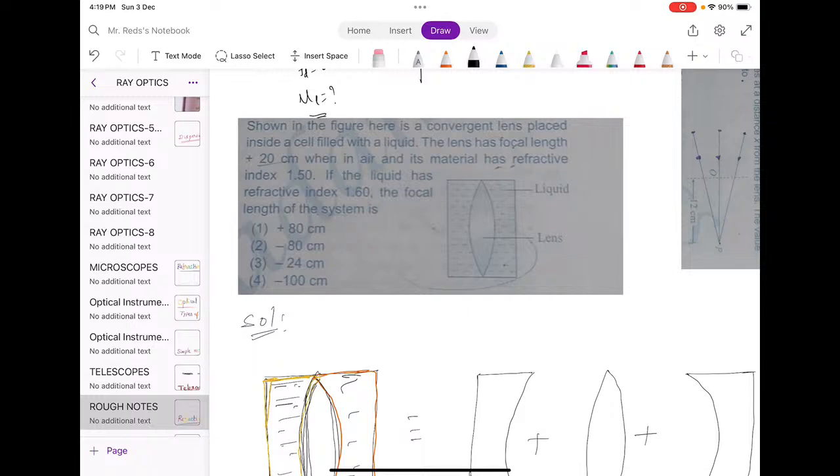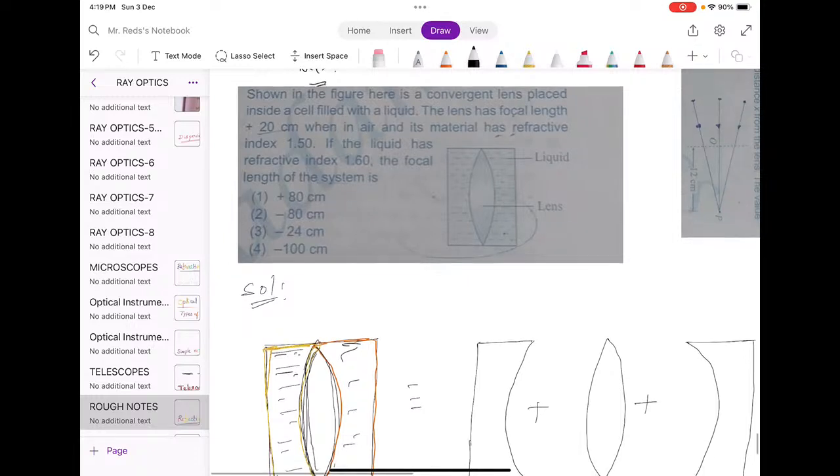The lens has a focal length of 20 centimeter when it is in air.